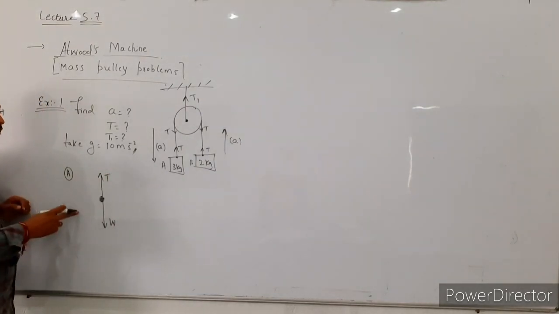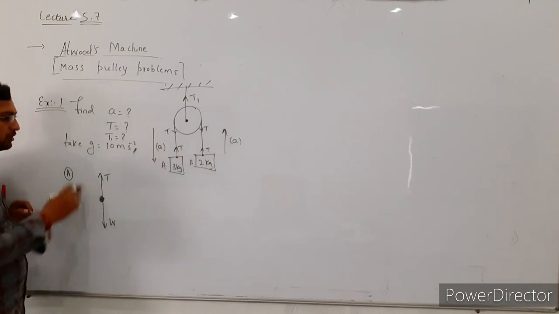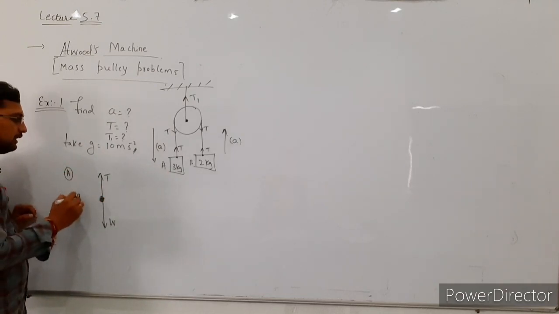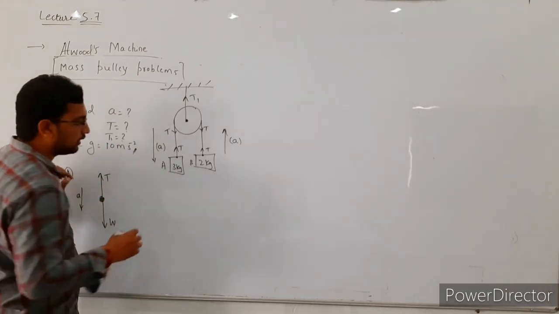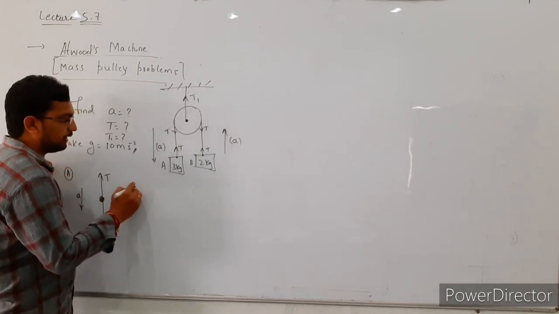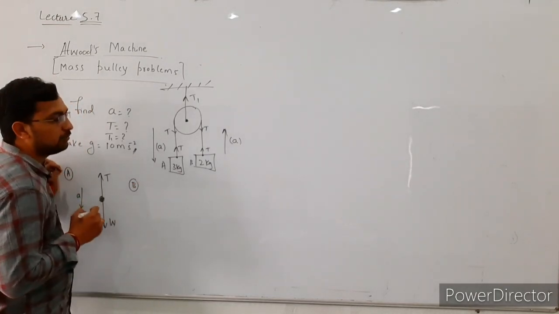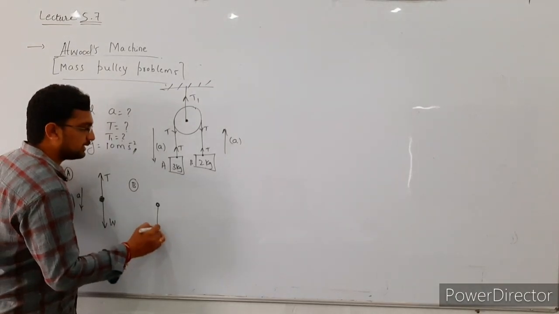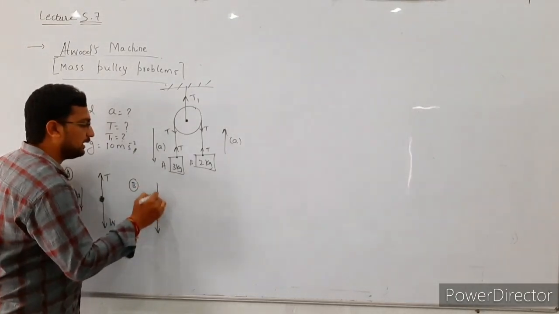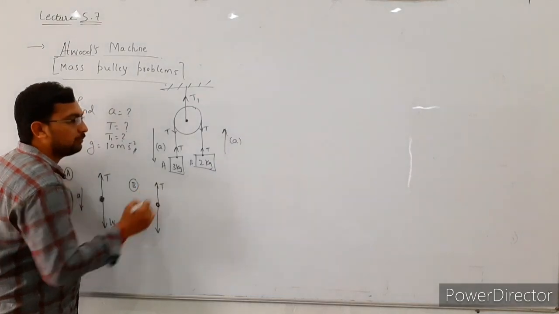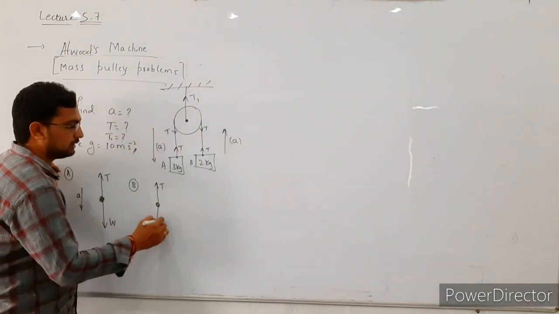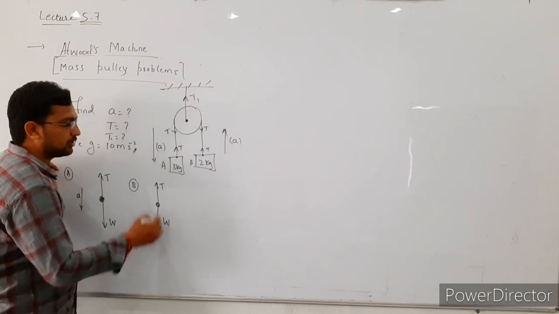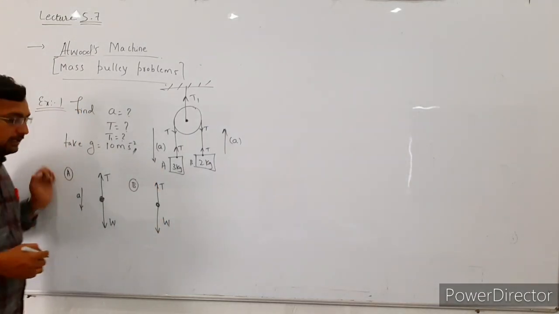So this is the free body diagram for body A, and the direction of acceleration is in this direction. Next, for body B, this is a point object, and the weight is acting in the downward direction and tension in the upward direction.